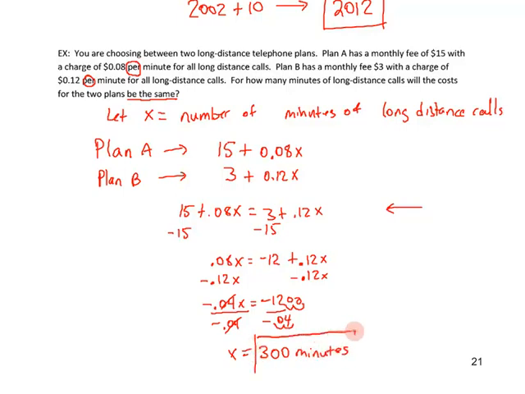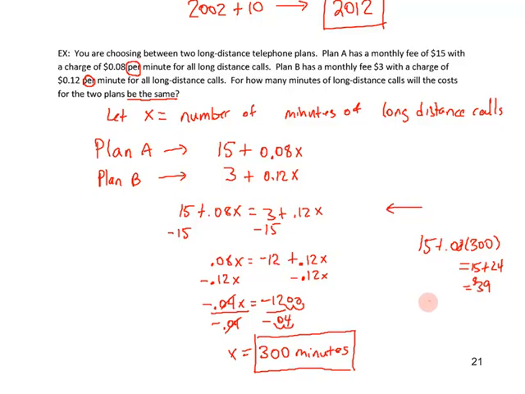Okay? And again, you could check your answer to make sure that this makes sense, right? 300 minutes. How much would Plan A cost? It's going to be $15 plus 8 cents a minute times 300 minutes. 0.08 times 300 gives me 15 plus 24, which is $39.